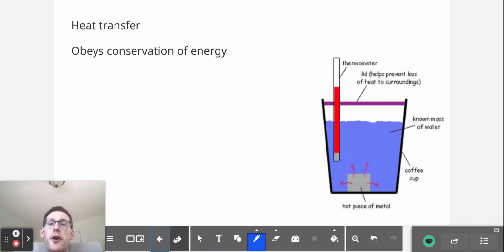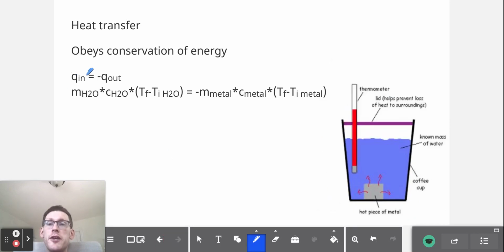It obeys the law of conservation of energy, and therefore we can say that the Q in that is absorbed by the water is equal to the Q out that is lost by the metal. So if we use mc delta T for the water and set that equal to the negative of the mc delta T for the metal, we can figure out any of the variables that we have missing. Most commonly, the specific heat of the metal, which again can be used to identify the metal.